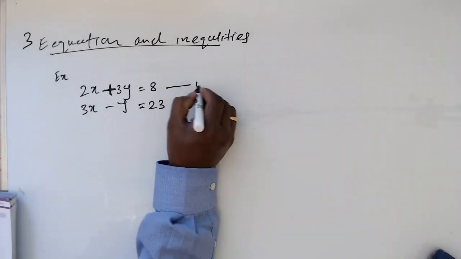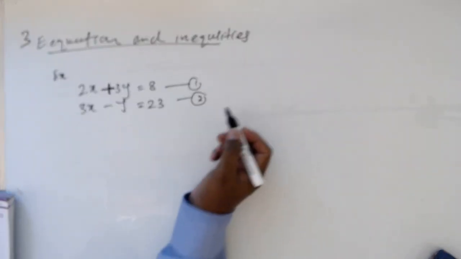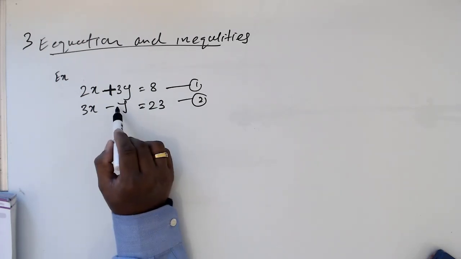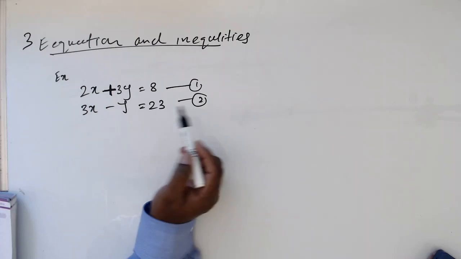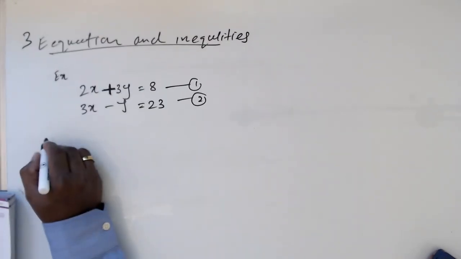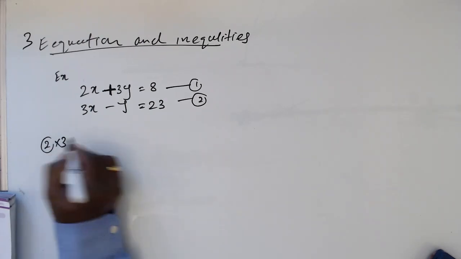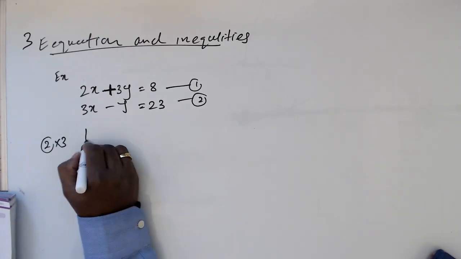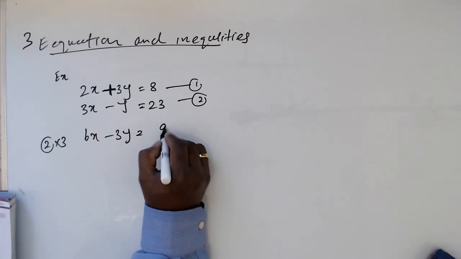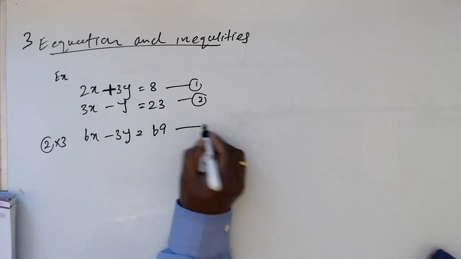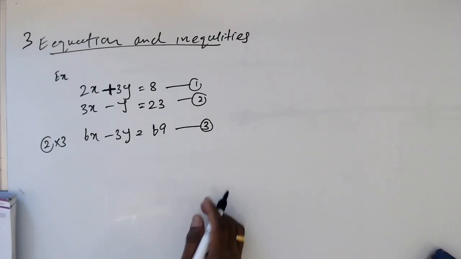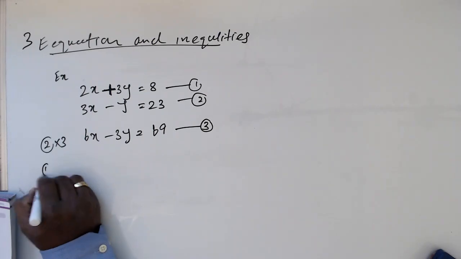I'll name these 1 and 2. I can see that I can make the coefficient 3 in this y variable. So I'm going to multiply equation number 2 by 3. Then it will become 6x minus 3y equal 69. I'll name this equation 3. Now I'll add 1 and 3 together.